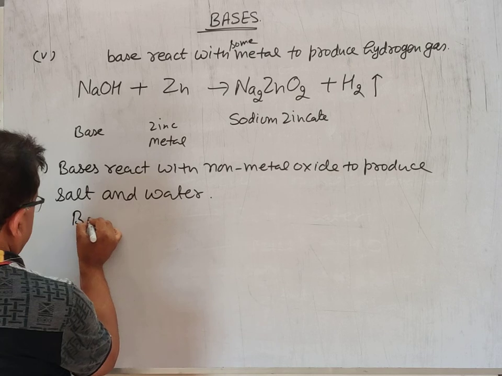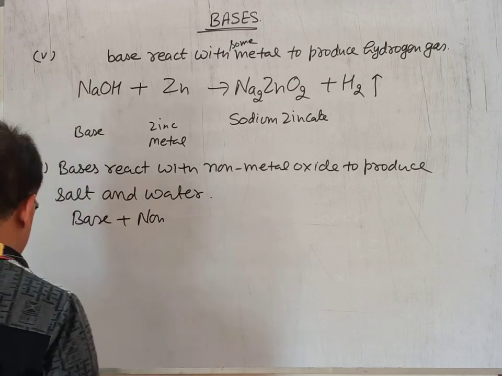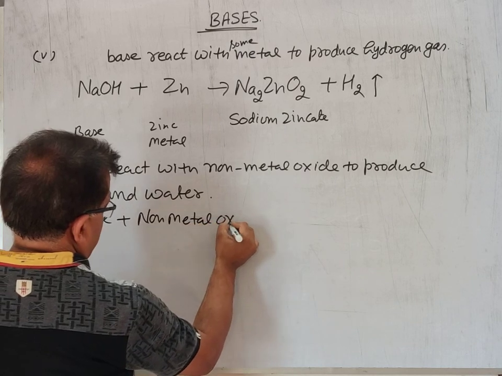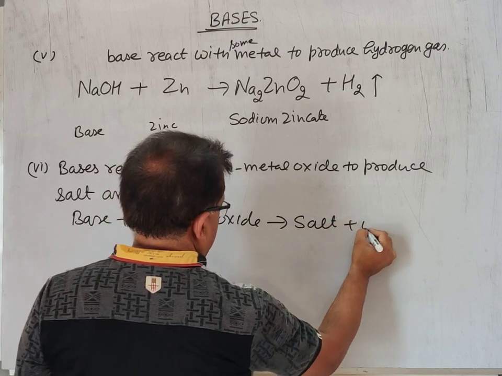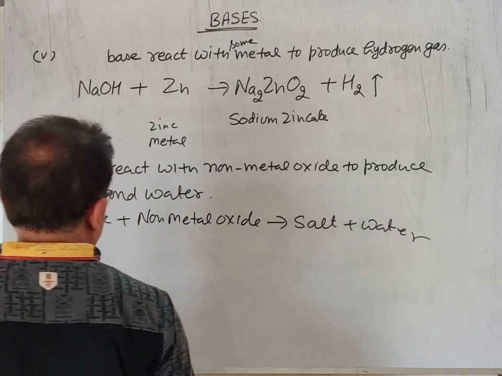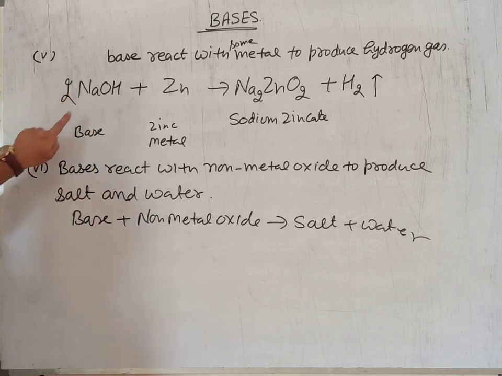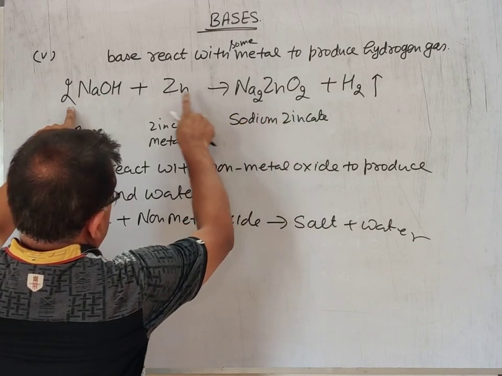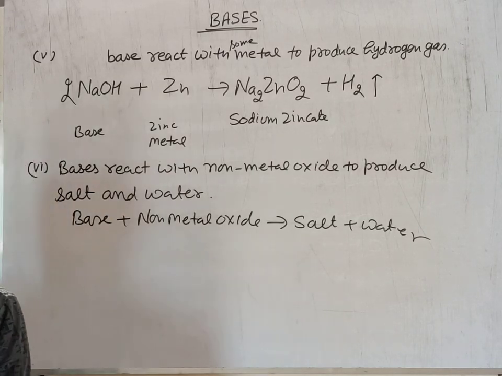So here base with non-metal oxide to produce salt and water. Here we have to balance it also. Now Na is 2, O is 2, zinc is 1 and H is 2. Now it is balanced. Base reacts with non-metal oxide to produce salt and water.